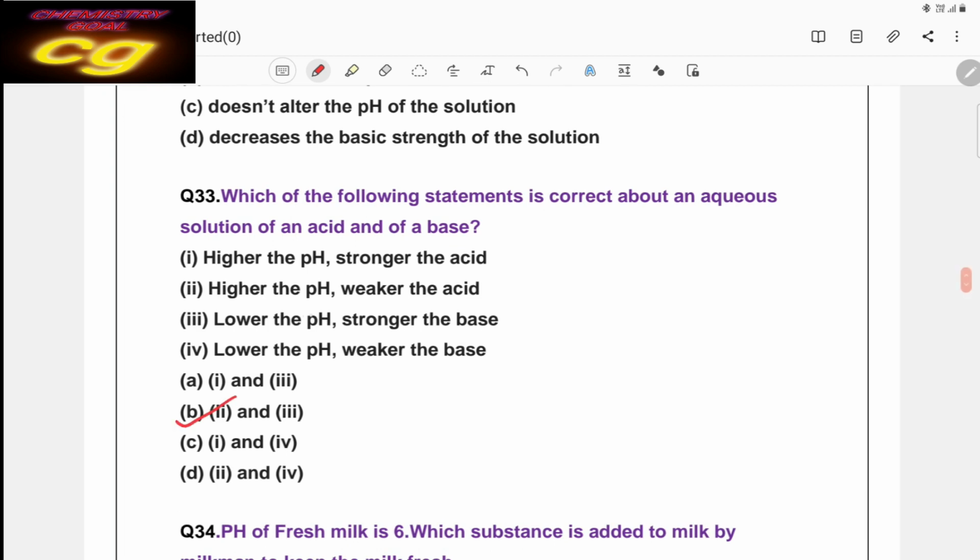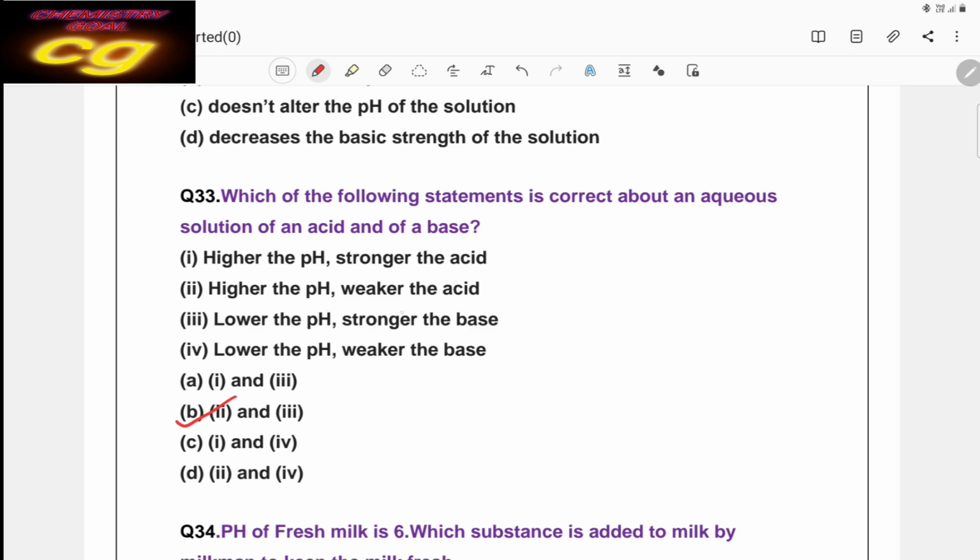Again I'm repeating, higher the pH means weaker acid, because acidic character is inversely proportional to pH, and lower the pH, stronger the base. So which answer is it?